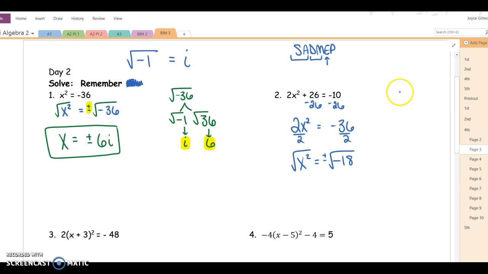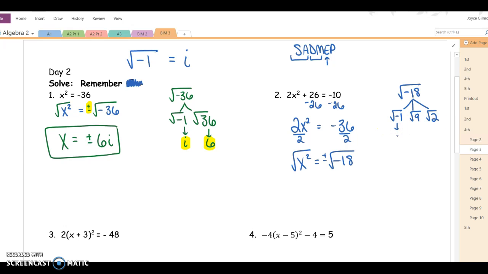To keep my work organized, I always do my simplifying off to the side. It just makes more sense in my brain. If you want to keep going in one string straight down, go for it, but I like to do my simplifying off to the side. I know there's a square root of negative 1. That's what makes it a negative 18. Think about positive 18. What can you split positive 18 into? Square root of 9, square root of 2.